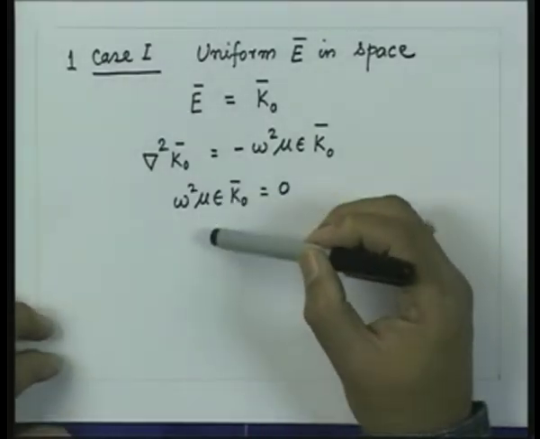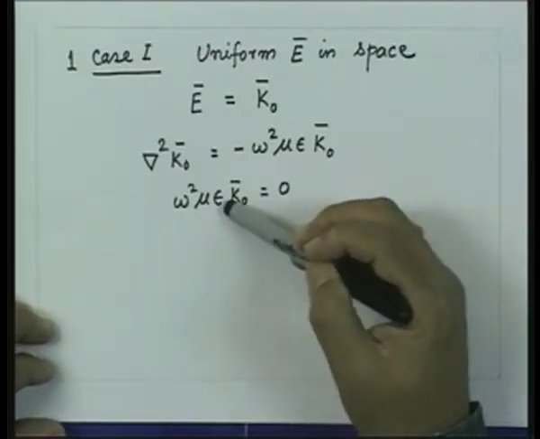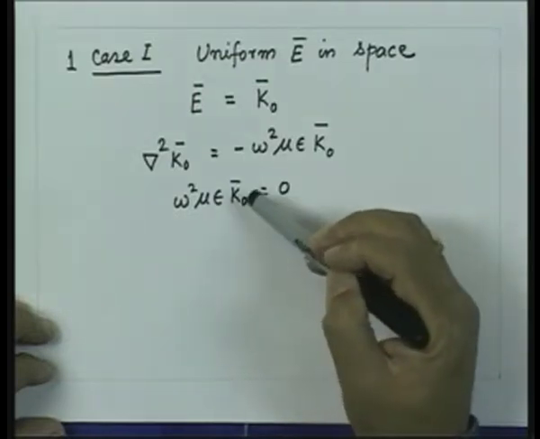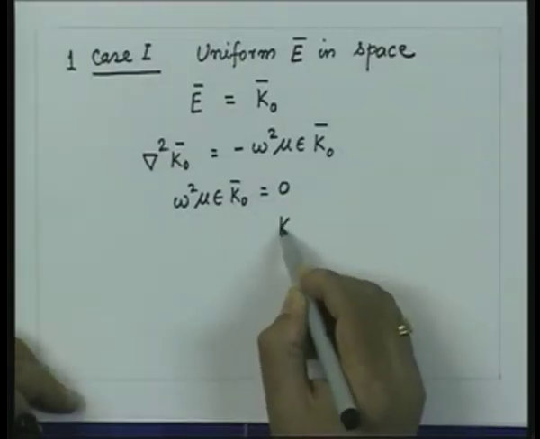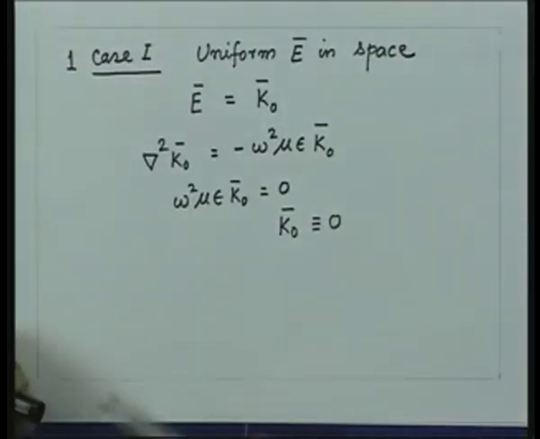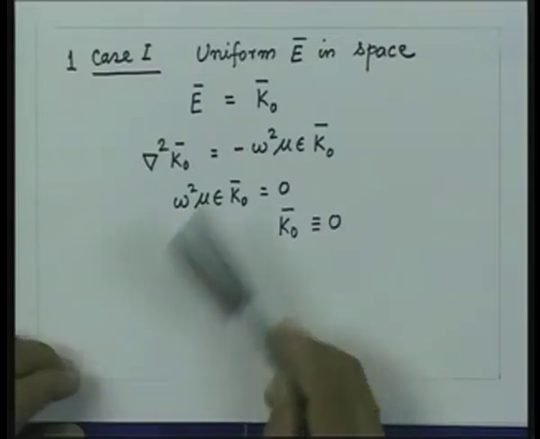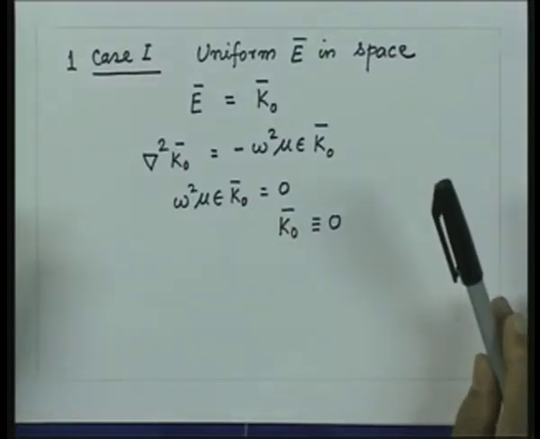Since we are now interested in time varying fields, the omega is not equal to 0, mu and epsilon are not equal to 0 anyway. So, the quantity which has to be 0 is k naught. What this implies is that k naught should be identically equal to 0, or in other words, a uniform electric field in 3-dimensional space is not consistent with the wave equation, is not consistent with the Maxwell's equations.